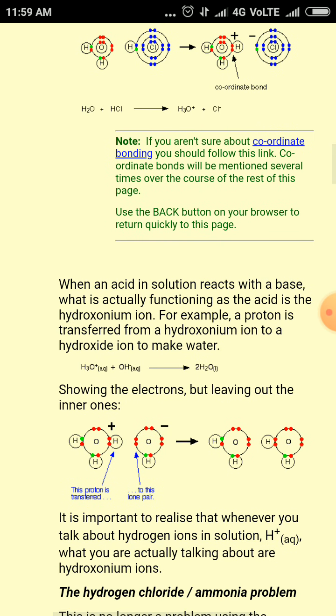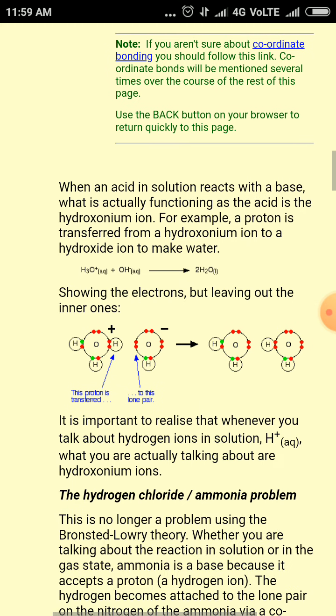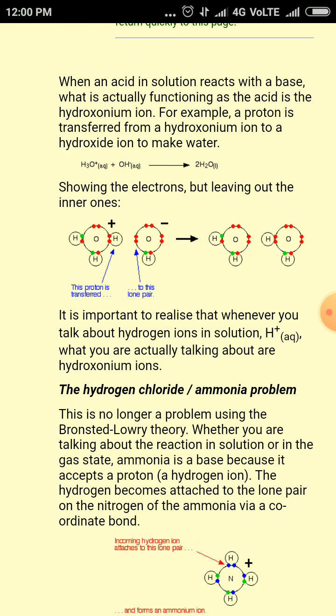So when an acid in solution reacts with a base, what is actually functioning as the acid is the hydroxonium ion. For example, a proton is transferred from the hydroxonium ion to a hydroxide ion to make water. So it is important to realize that whenever you talk about hydrogen ion in solution, H+, what you are actually talking about is the hydroxonium ion.